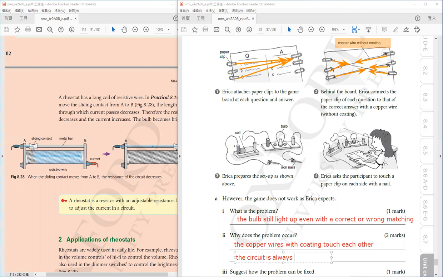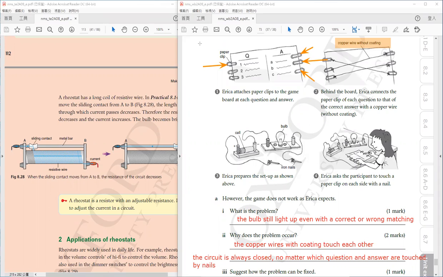It's always closed, no matter which question and answer are touched by nails. Whether you answer 1 and B or 1 and C or 1 and A, they always light up.